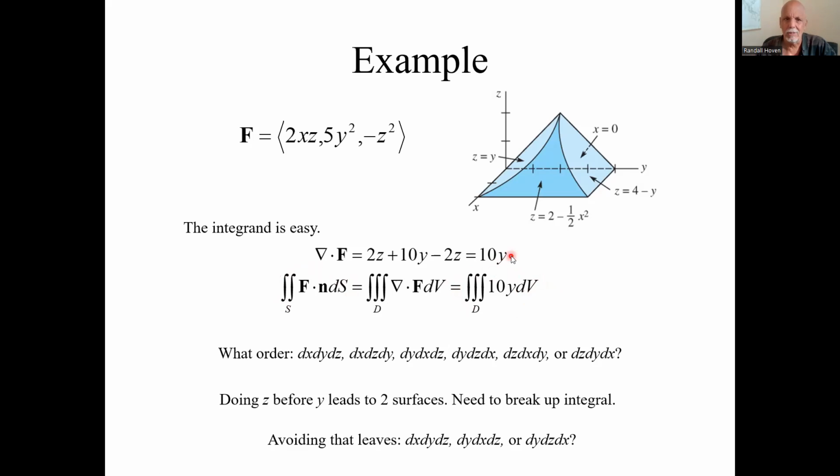Remember, the easy part is usually taking the divergence. The hard part is the triple integral. It's kind of a weird shape. You have to figure out, let's see, the back side is just x equals 0. When x equals 0, z equals 2.